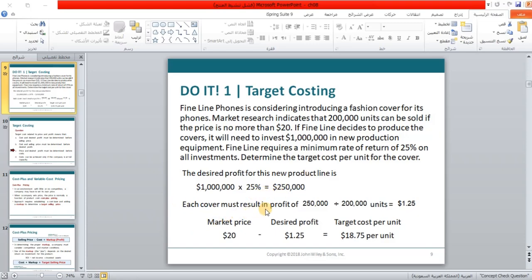Each cover must result in a profit equal to $250,000 divided by the number of units, 200,000 units, which equals $1.25. Market price $20 less desired profit $1.25 equals target cost per unit of $18.75.